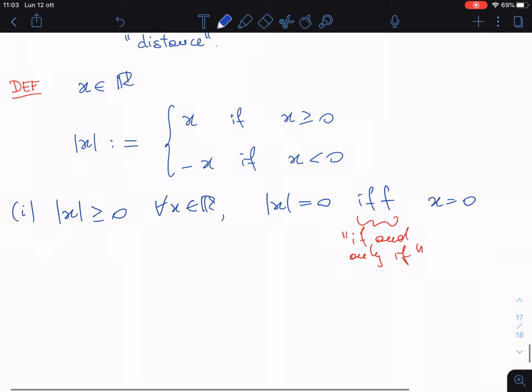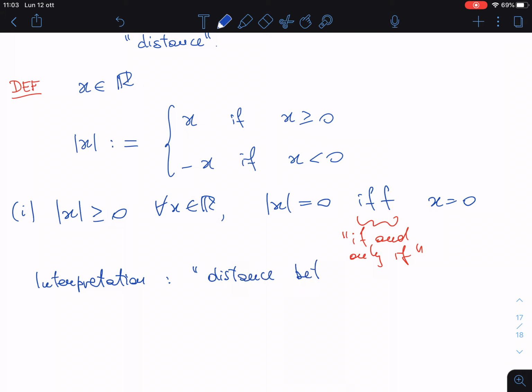And the interpretation is the distance between x and 0. Okay, this is the interpretation.